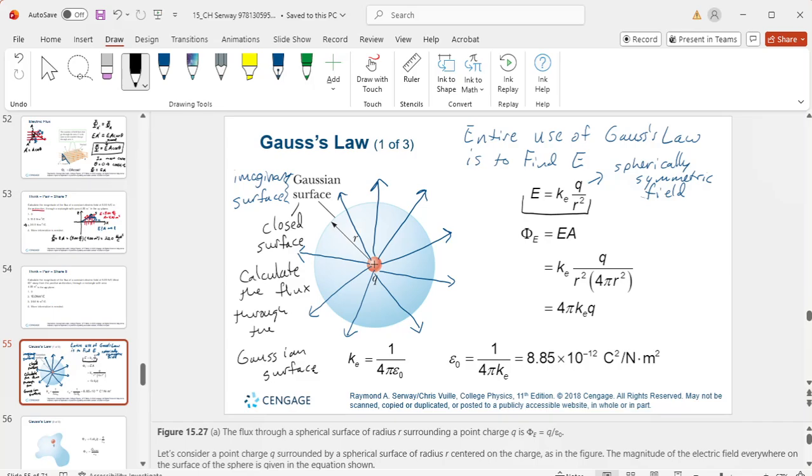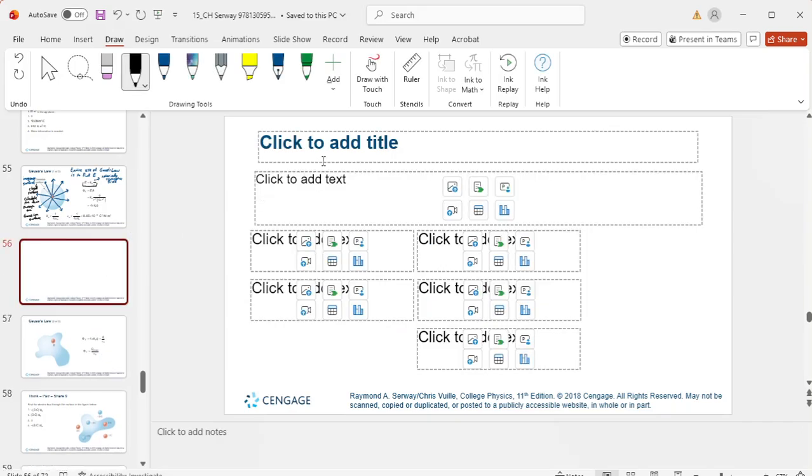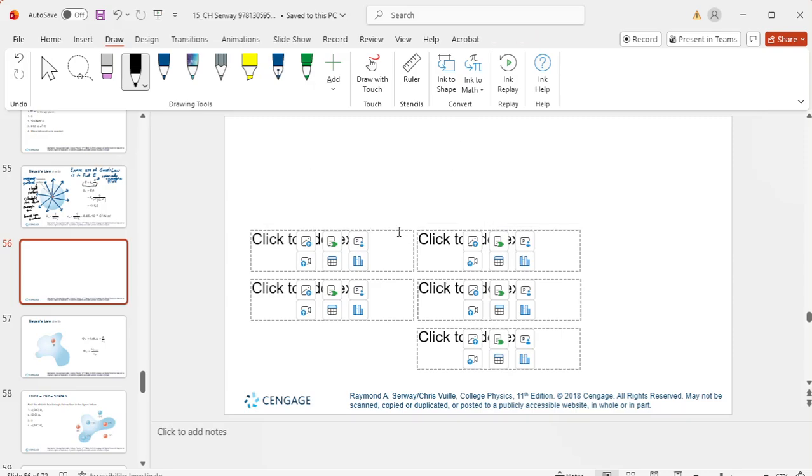This is the whole program. We want to calculate the flux through the Gaussian surface. And let's put a new slide in here, and let's get rid of all this nastiness, because we're about to do a little bit of math.